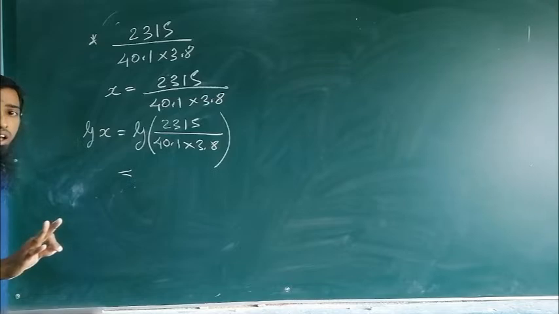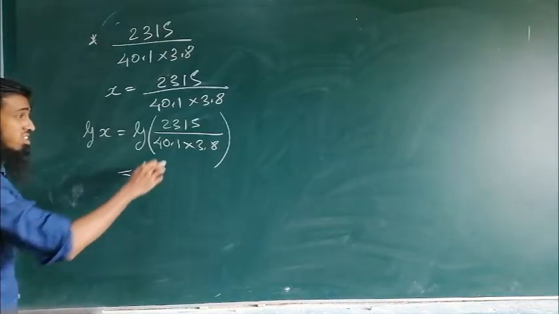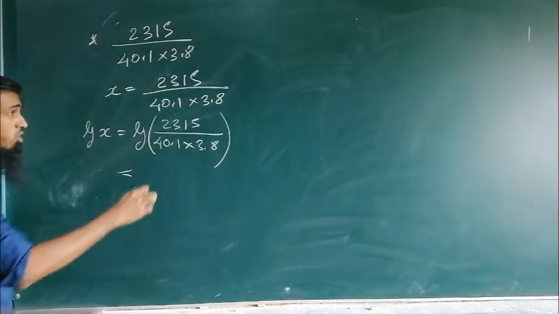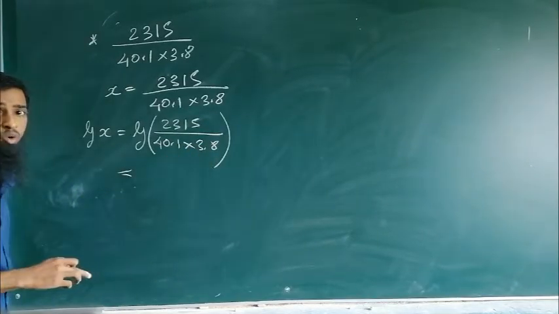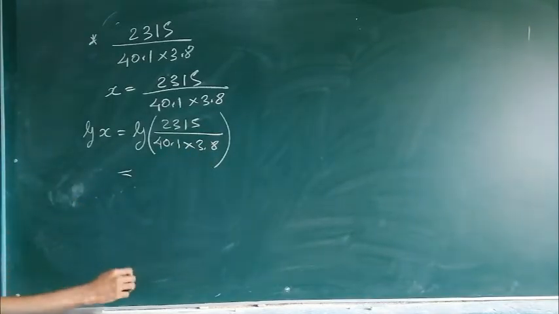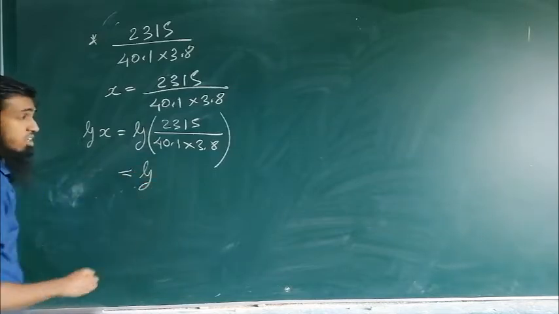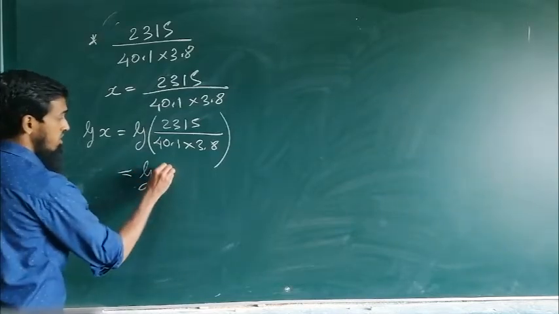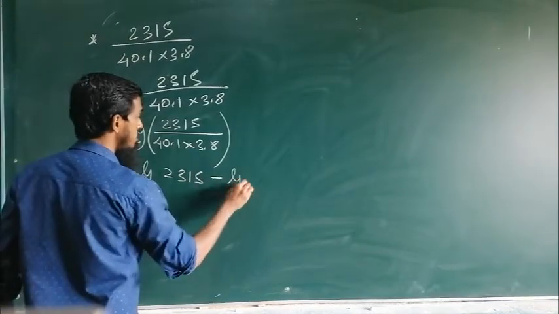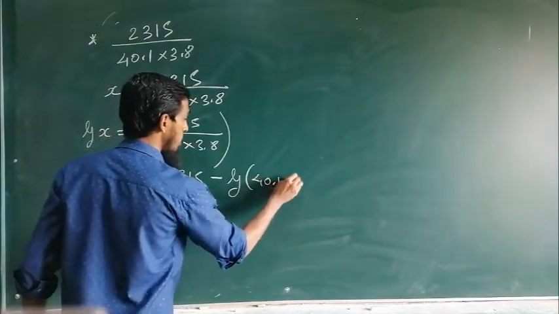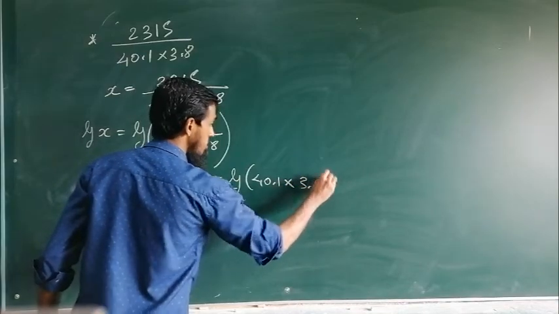Don't think of them as 2 separate values, think of them as a single value. You have a value on the numerator and a value on the denominator. You have a division, so you can separate it like subtraction. So LG 2315 minus LG 40.1 into 3.8.